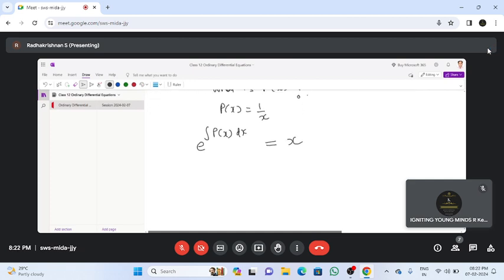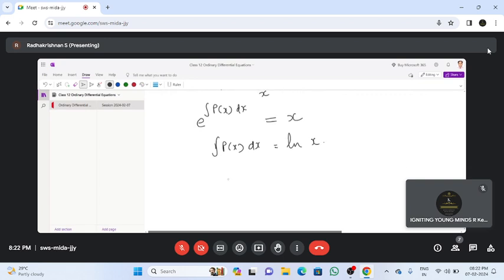Okay. So that you can simply do by taking log on both sides. Now we know that integral p of x dx is ln x.